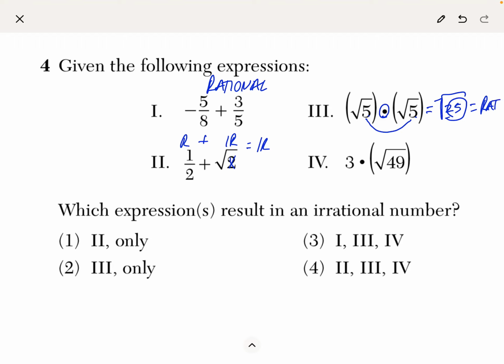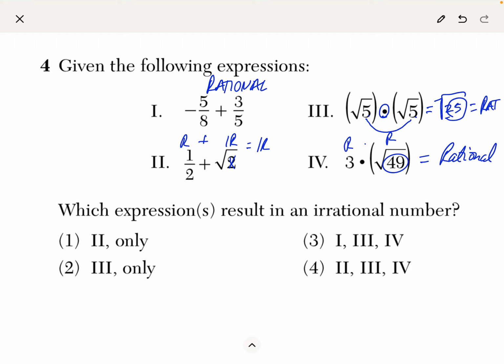Okay? And finally, for number 4, I've got 3 is a rational number, and I've got 49. 49 is a perfect square, so this is going to be rational times rational. So when you multiply a rational with another rational, you get a rational. Rational times a rational gives you another rational.